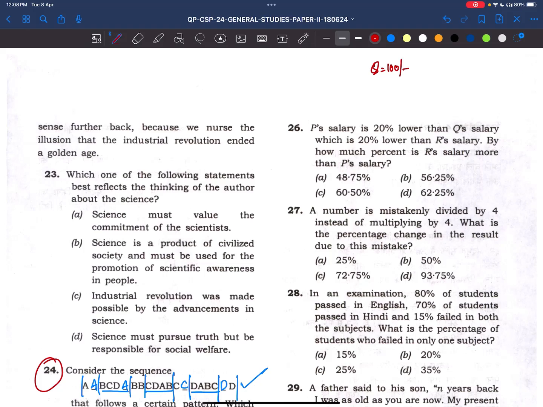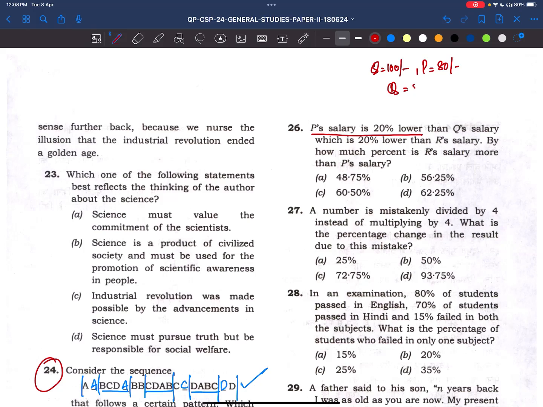His salary is 20% lower, that means 100 into 80%, that is 80 rupees. Here P is 20% lower than Q's salary, which is 20% lower than R's salary.